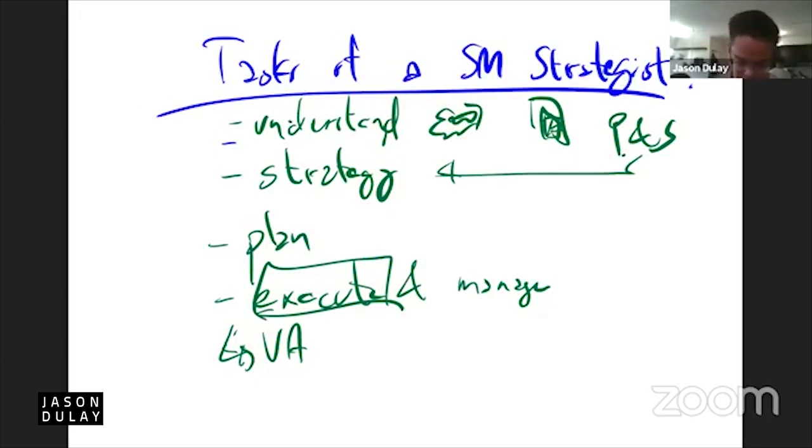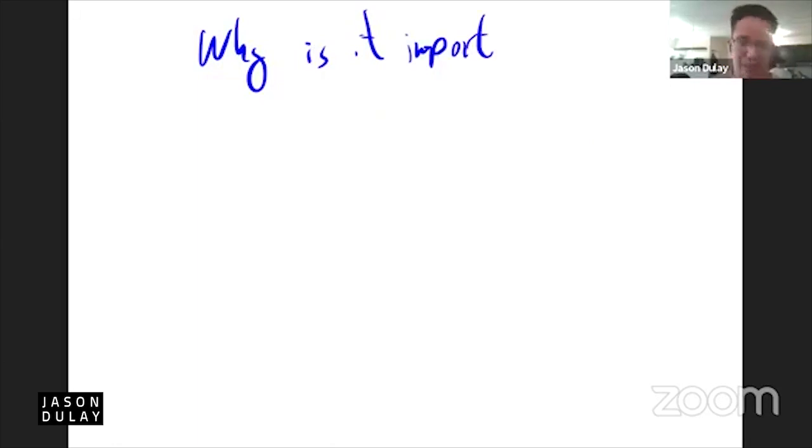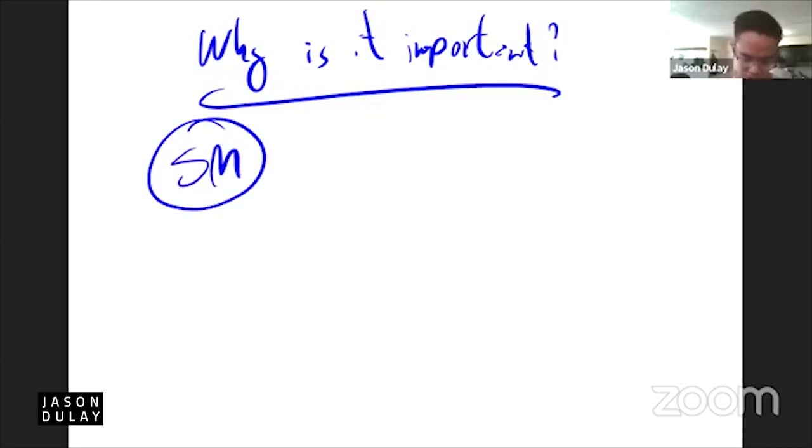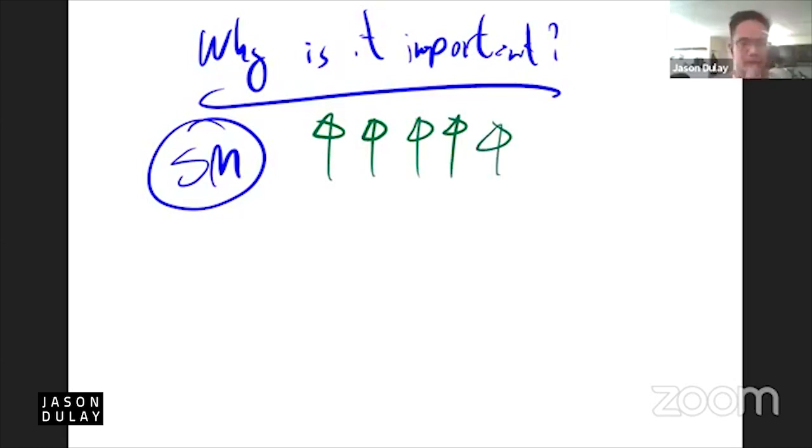Now, let's go ahead and think, why is it important? Why is social media strategy important? Well, when we're talking about social media, it just keeps on growing and growing, right? Like we see everybody's on Facebook, and so many people are on Instagram, so many people are on Twitter.